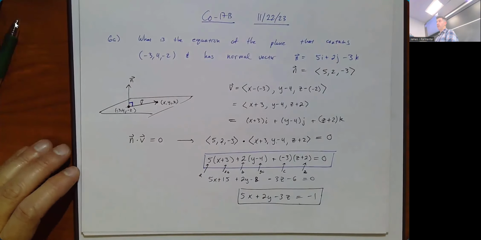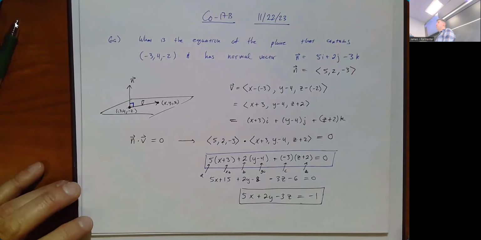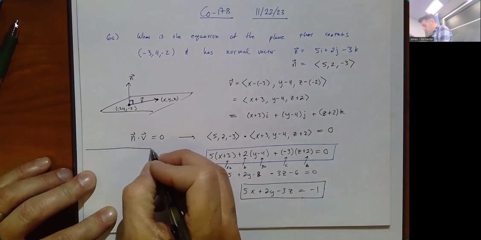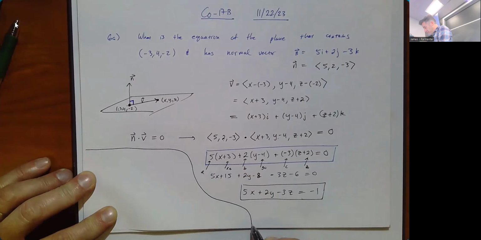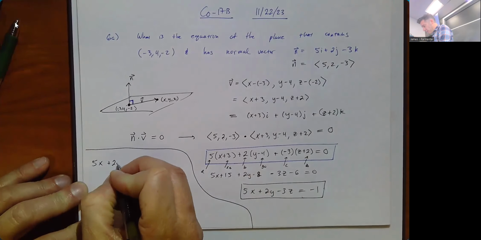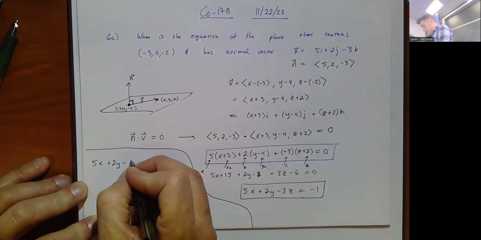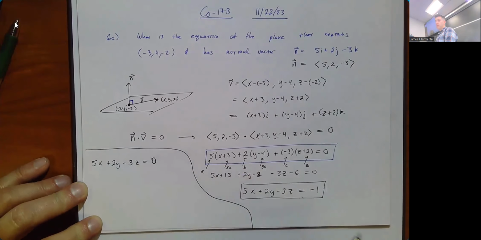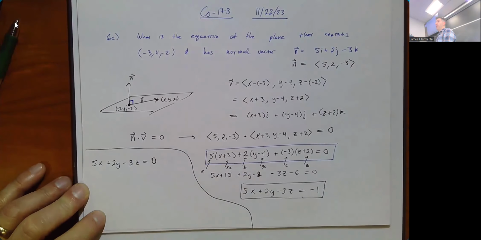That is totally fine. I would also point out, if you really want to do it fast, you could also start with AX plus BY plus CZ equal to D, and then plug in your point to solve for D.